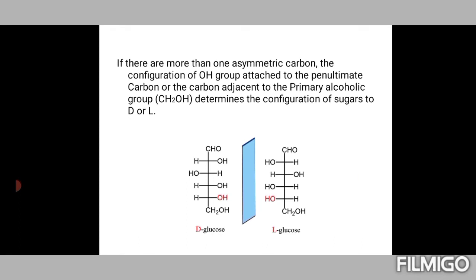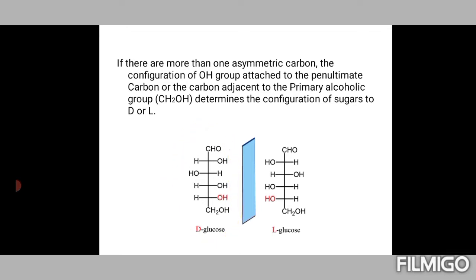In another case, if there is more than one asymmetric carbon atom, as in glucose, the configuration of the OH group attached to the penultimate carbon, the last but one carbon, is the criterion. In the case of glucose, the OH group on the fifth carbon is taken as the criterion. If the OH group is on the right side, it belongs to the D variety, dextro variety, D-glucose.